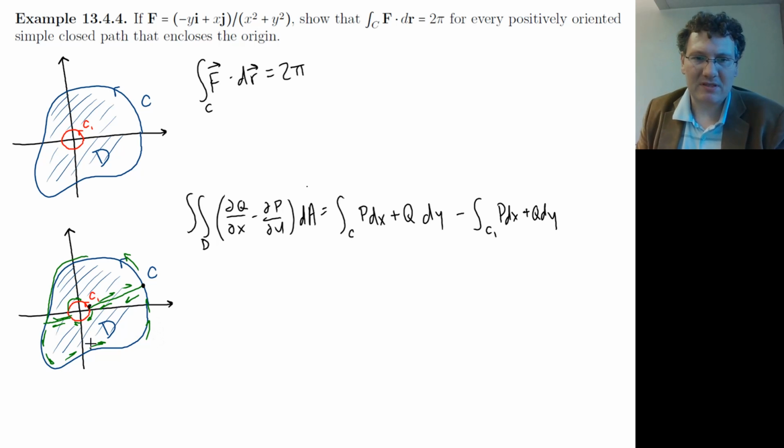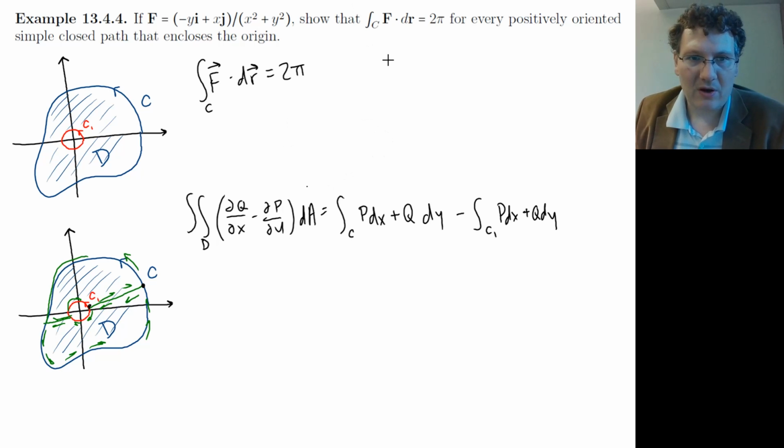So the double integral over the region D can be partitioned into two parts, where you can see the line integral that goes around the first part goes in the negative direction on C1, and in the bottom part we're also going in the negative direction of C1.